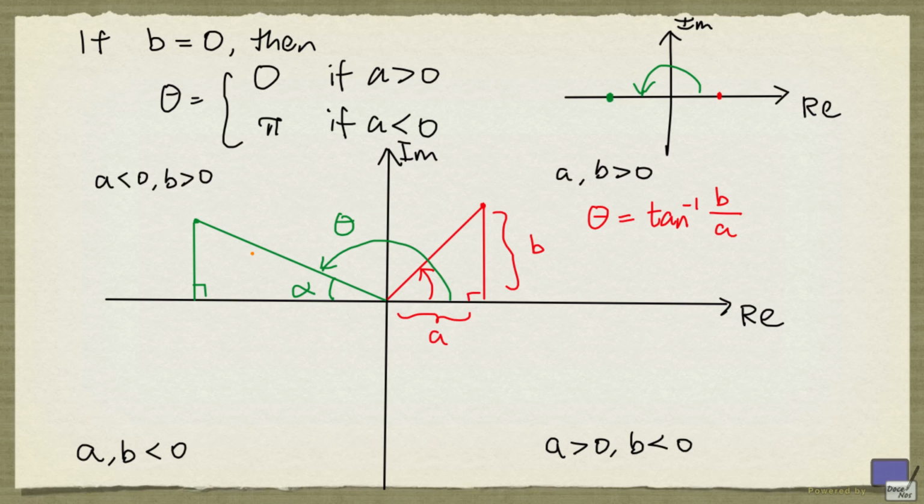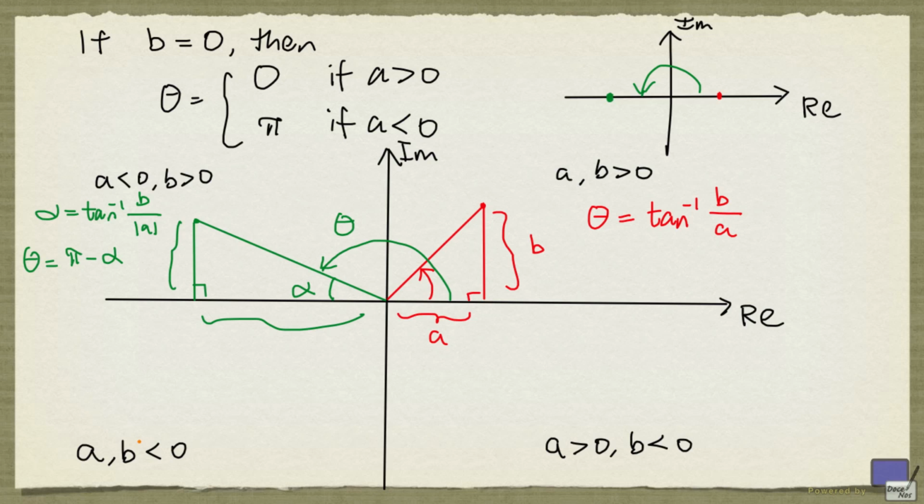But what is alpha? Well, alpha is the inverse tangent of the length of the opposite side, which in this case is b, divided by the length of the base, which in this case is negative a, but we'll take the absolute value instead. So alpha is the inverse tangent of b over the absolute value of a, and so theta is pi minus alpha.